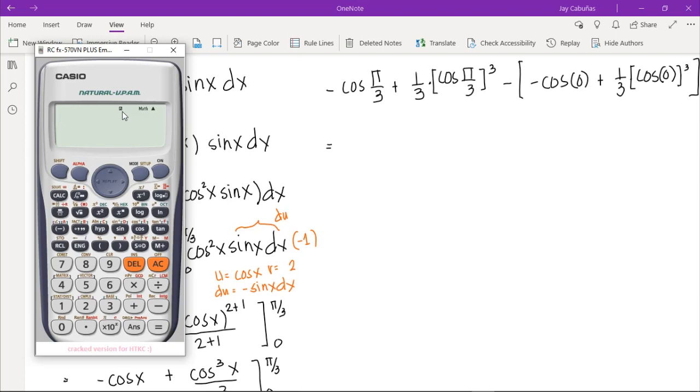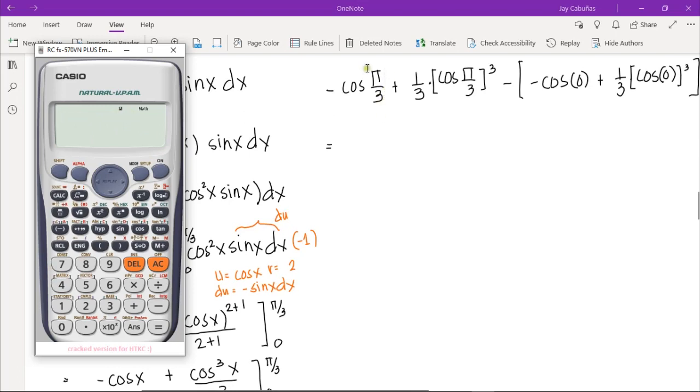But what if it is in degree? What you need to do here is click the shift button, then the mode. Then change the angular unit into radian by choosing number 4. So that's how you're going to change from degree.